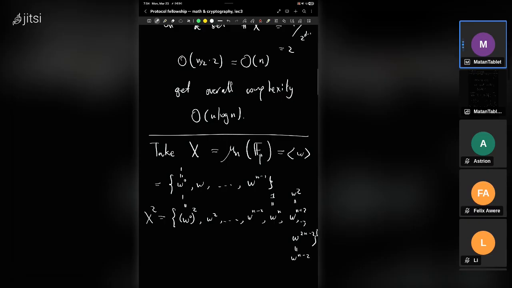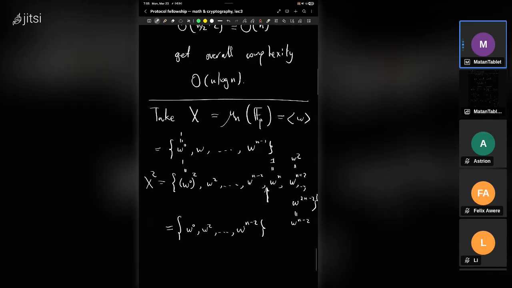So you see what happened: X squared is just, I might as well stop writing at this point, because I just repeat myself. So I can write it as W^0, W squared, up to W^(n-2).